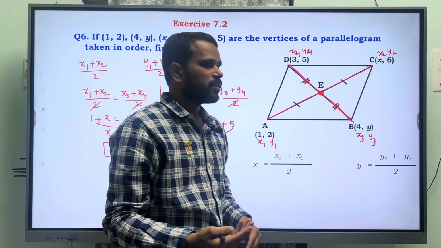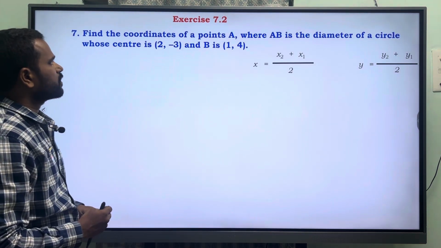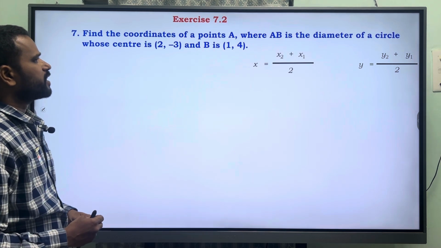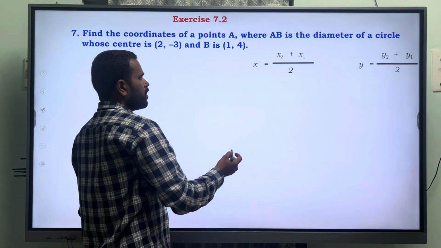Okay, let us move to the next question. Find the coordinates of point A, where AB is the diameter of the circle whose center is (2, -3) and B is (1, 4).